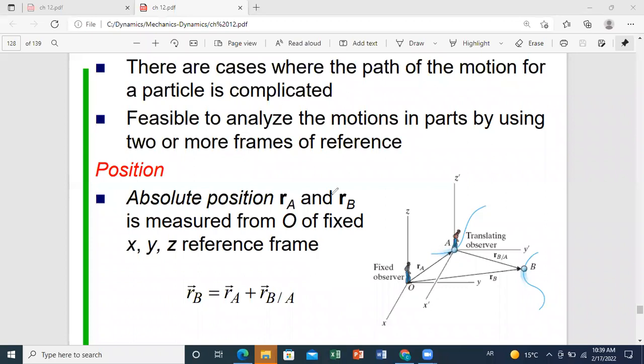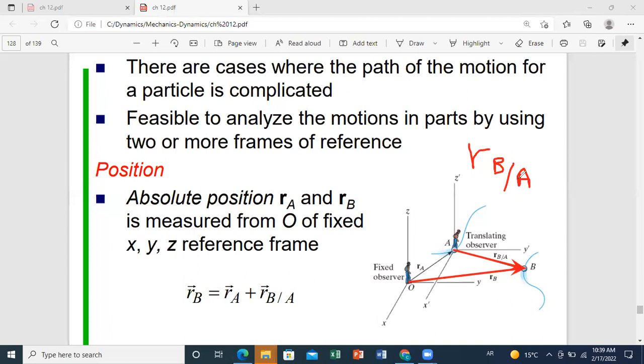If I want to measure the position of B in a fixed frame, I should take as position vector OB, which starts from the origin of the fixed frame and goes to particle B. While if I want to characterize the position of B with respect to the moving frame, which has an origin at A, the position vector will be R of B relative to A. So this symbol, RB/A, means position of B measured by point A.